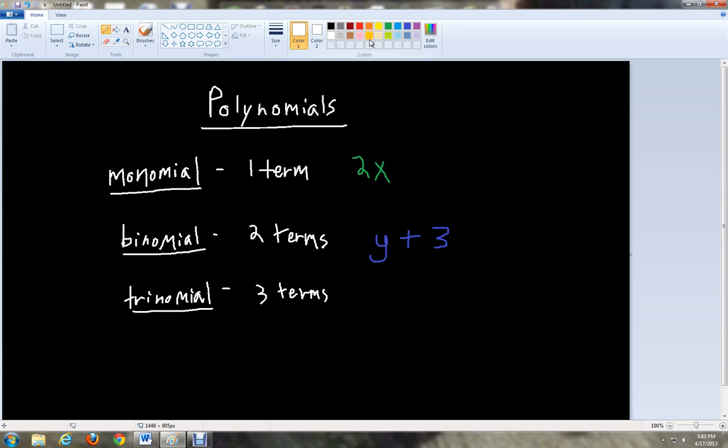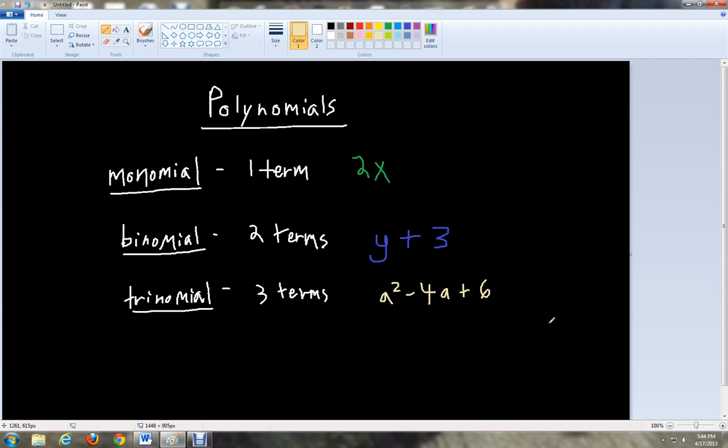An example of a trinomial would be something like a squared minus 4a plus 6. A squared is a term, negative 4a is another term, and 6 is also a term. So you have 3 terms for a trinomial.